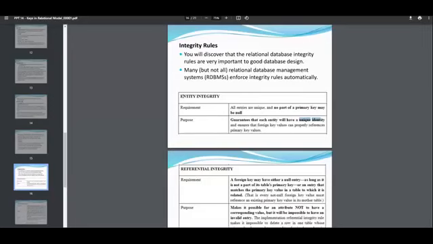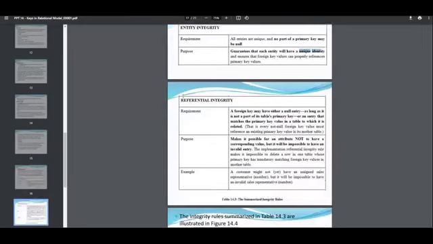Then the next type of integrity we mentioned, referential integrity. So the requirement is this. We already know these terms and the way that they are working.